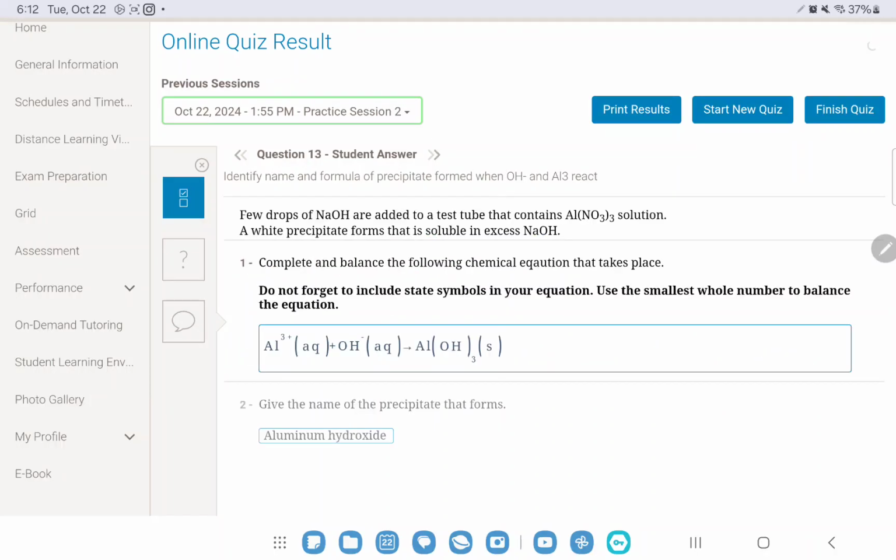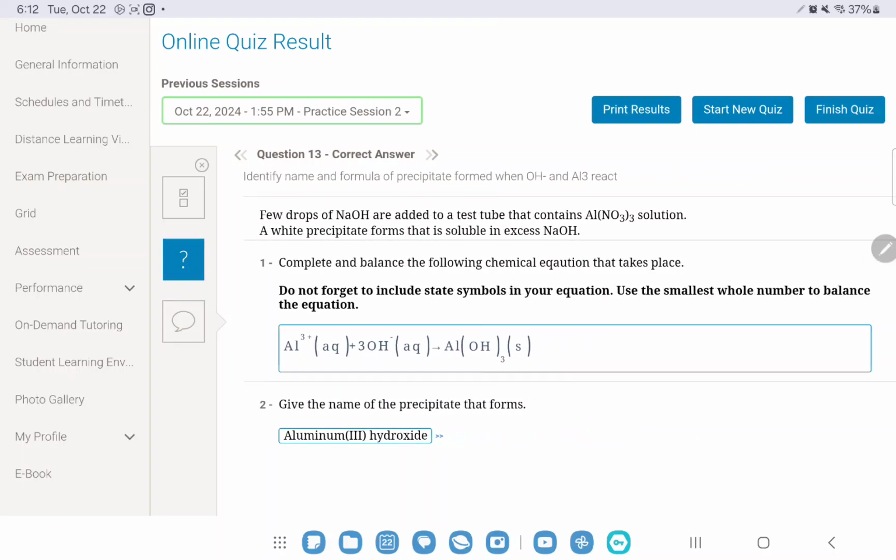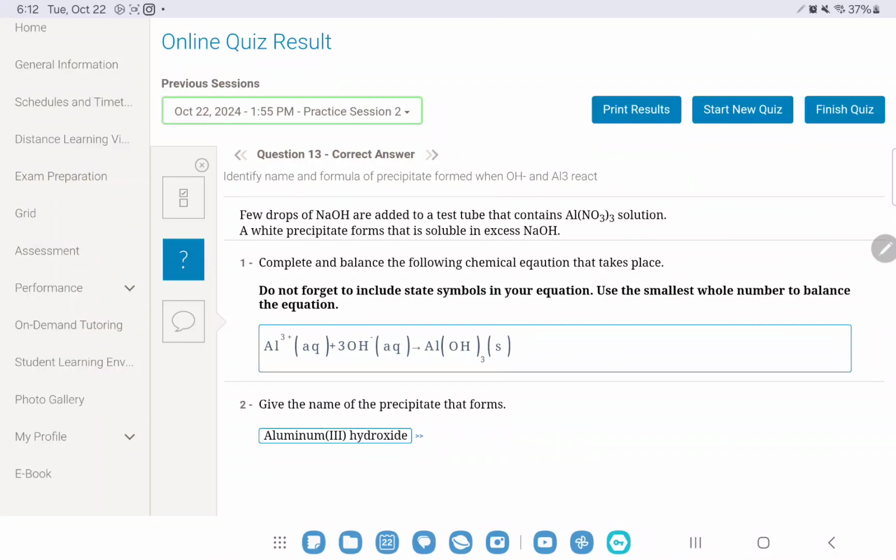Let's move on. Okay. For this question, it's really easy. Equations might scare you, but they're not scary. You just need to be careful. Here they gave you in the original question Al 3+ and OH minus, and their states, of course, and they asked what it is going to turn into.